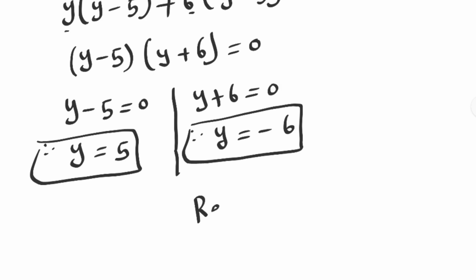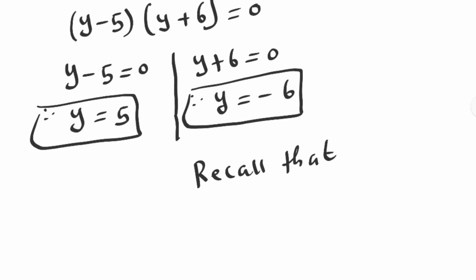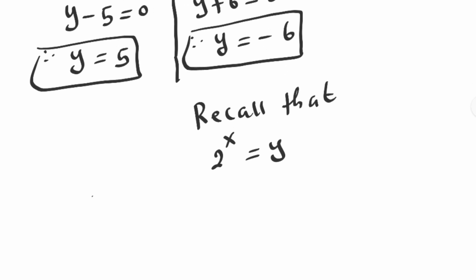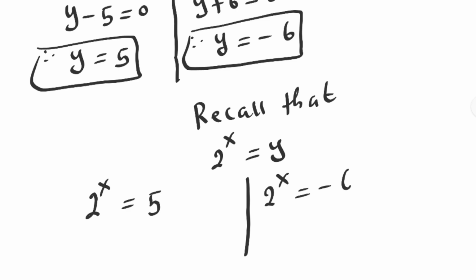Recall that 2 raised to power x is equal to y. Now we have 2 raised to power x is equal to 5, or 2 raised to power x is equal to minus 6.